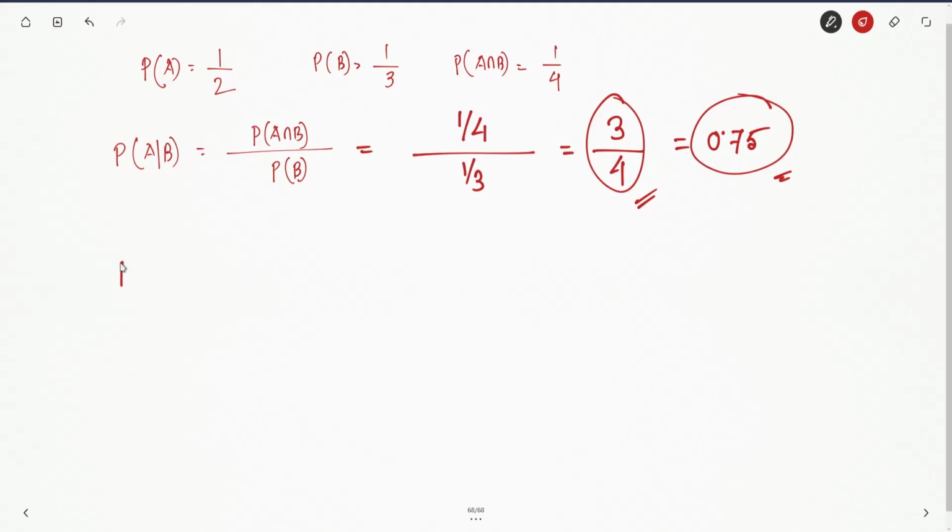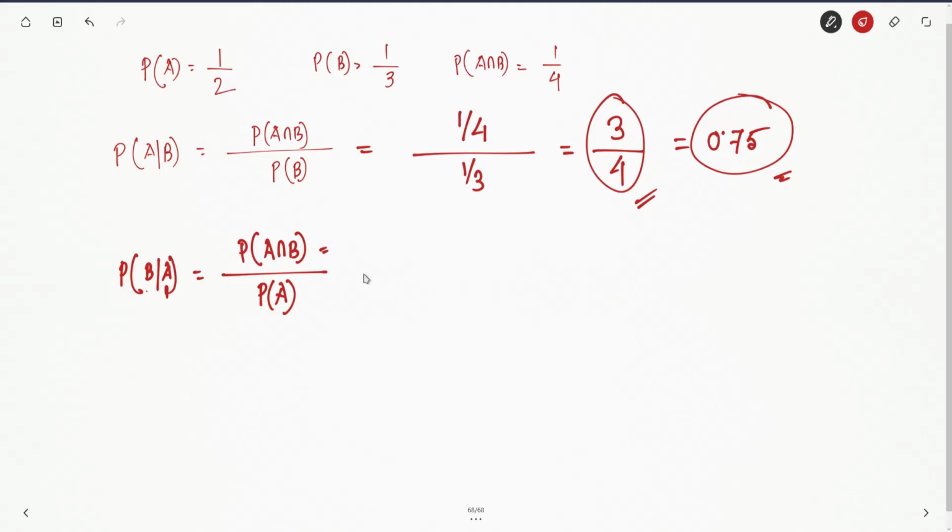The next one that we have to calculate is probability of B given A. Now the formula for this is, as I said, the numerator will be the same, probability of A intersection B, and the denominator in this case, since we are calculating probability of B given A, will be probability of A, right? A simple way to remember is, your numerator will always be A intersection B, the denominator will be the one that is written next, right?